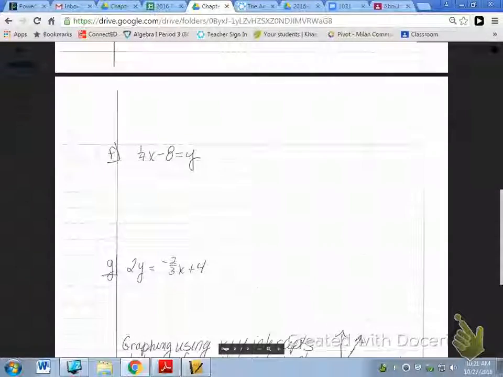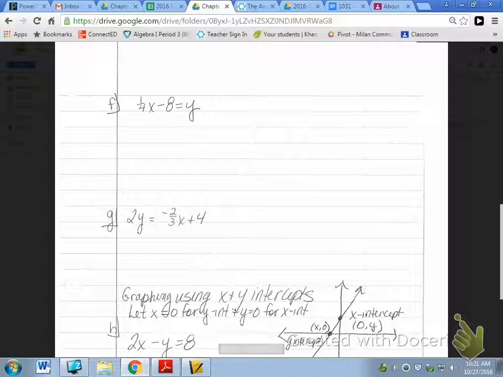Example F. 1/4 x minus 8 equals y. Okay, I need my x term first, my y term second, and the constant term at the end. Okay, so here's the deal. I've got my x term first. I need y to come over to here. How would I do that?